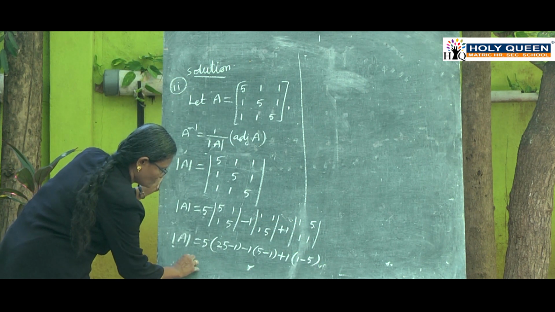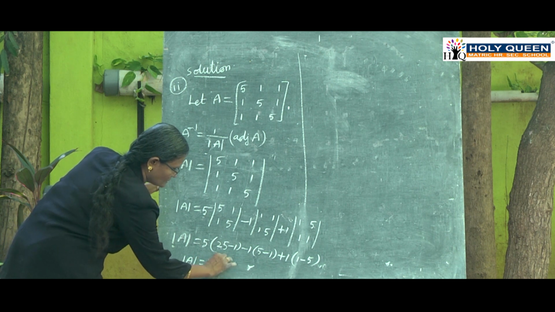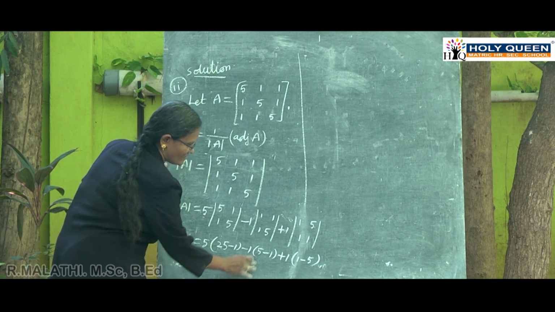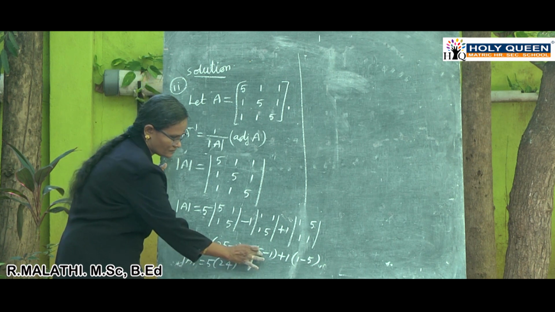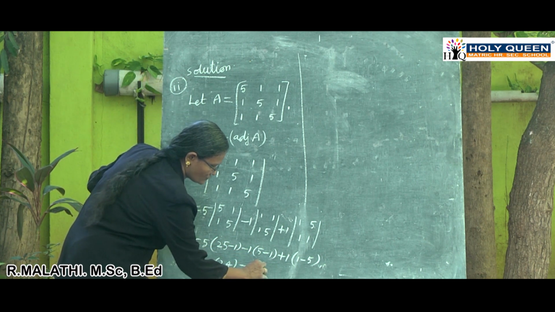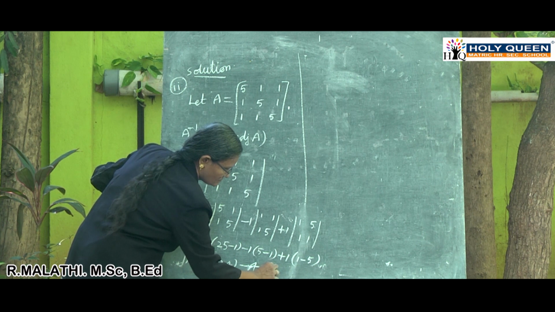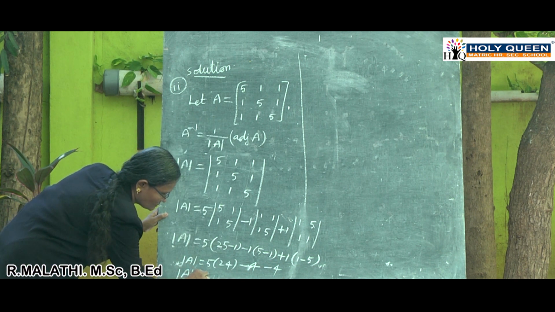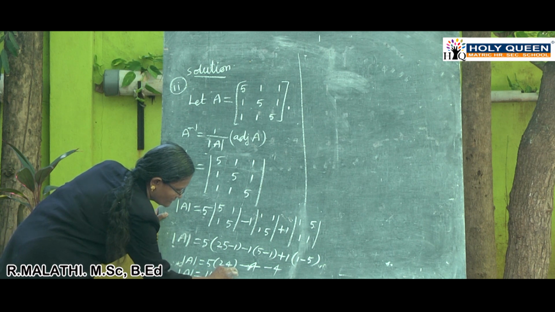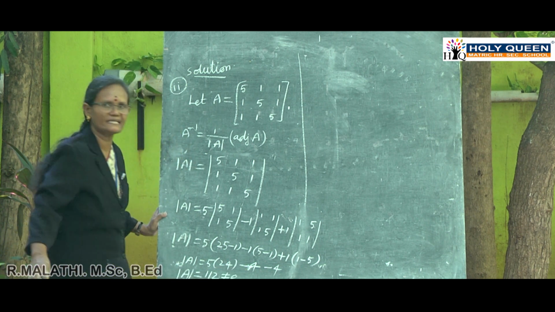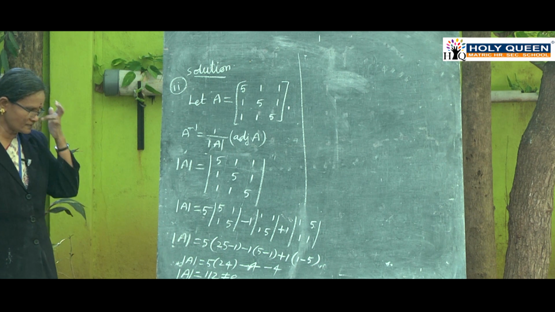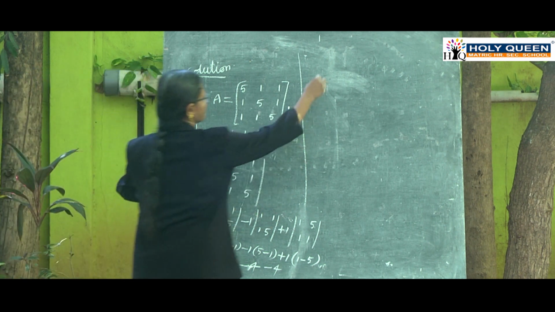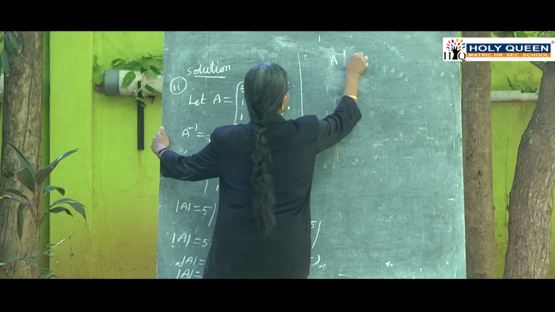Then determinant value of A is 5 into 24, then 5 minus 1 is 4, then minus 1 into 4, here minus 4. Therefore, determinant value of A is equal to 112, not equal to 0. Therefore, A inverse exists. When the value of the determinant is not equal to 0, A inverse exists.